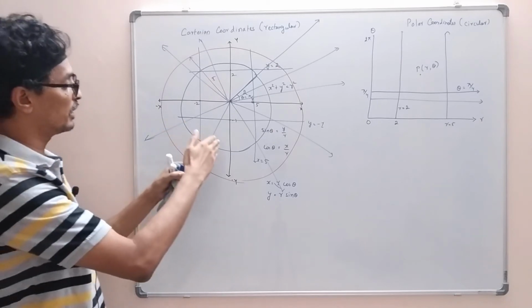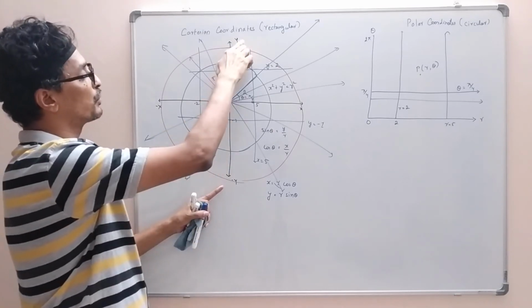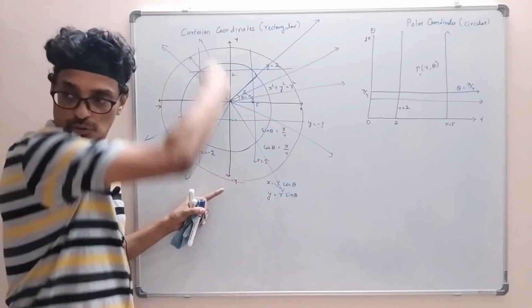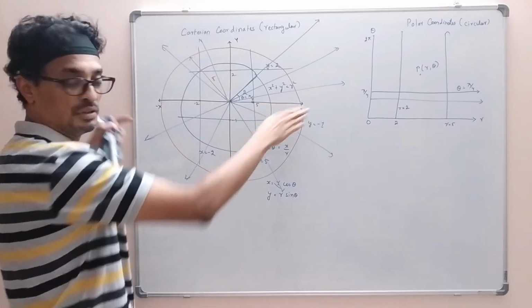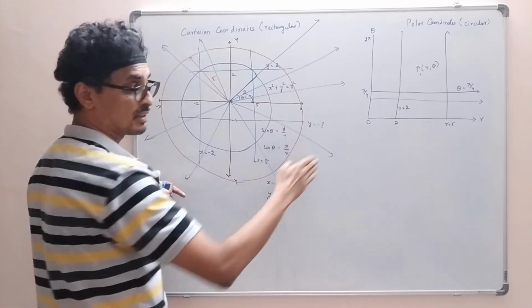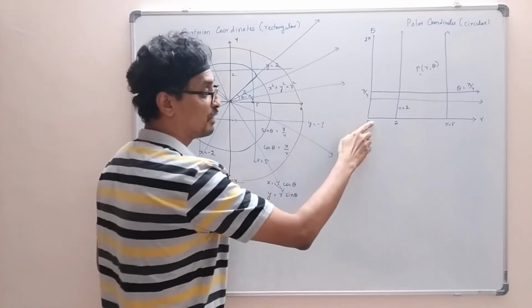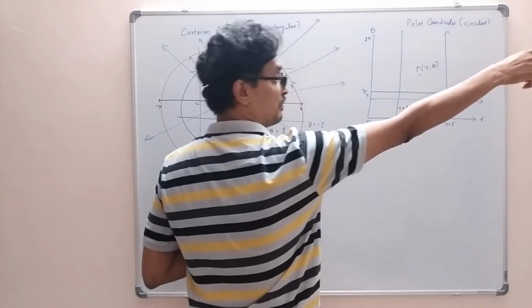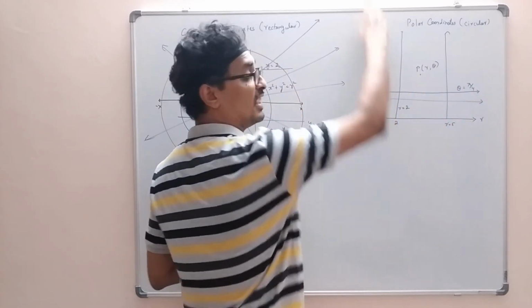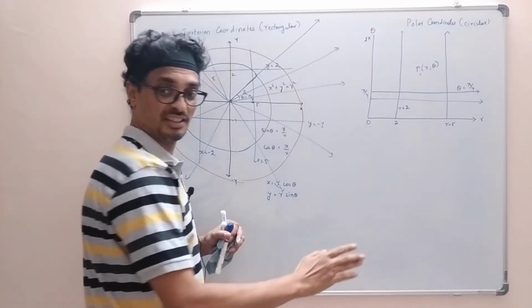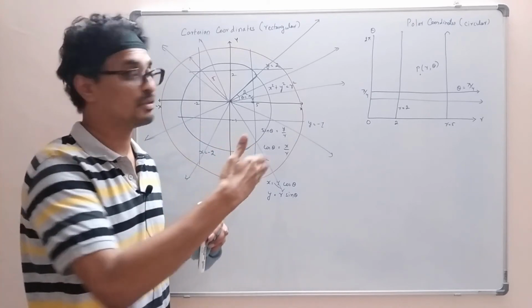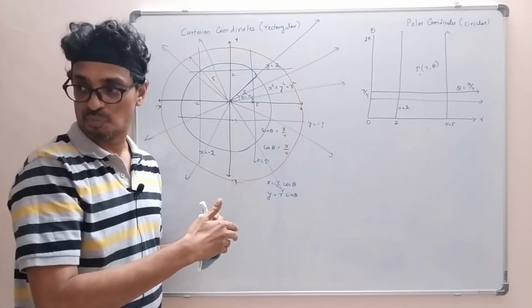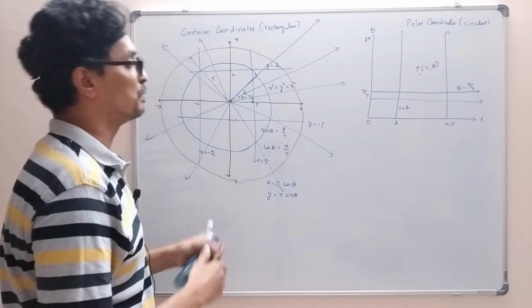So the point is, in the Cartesian coordinate system, y goes from plus infinity to minus infinity, and x also can go. But here it can't. r cannot be negative. r will be only positive, it can go up to infinity, whereas theta can no way go to infinity. You got it? Because it stops at 2 pi. Any angle can go all the way to 2 pi.